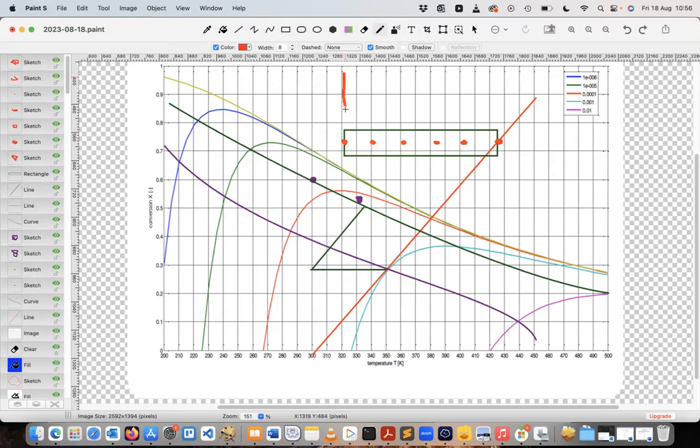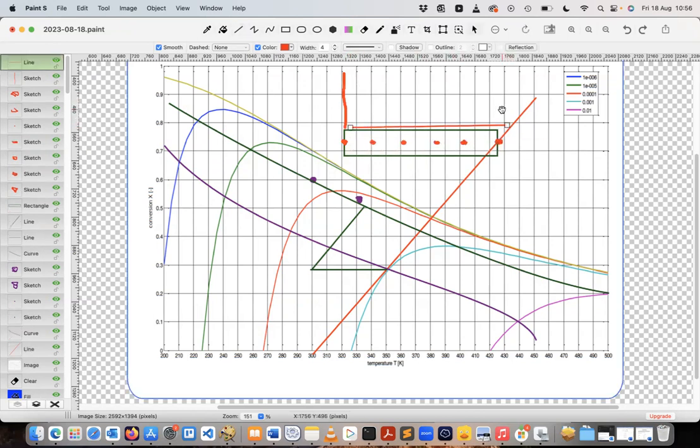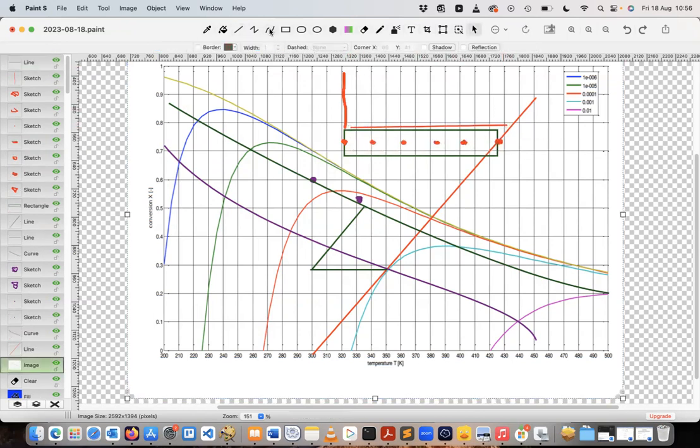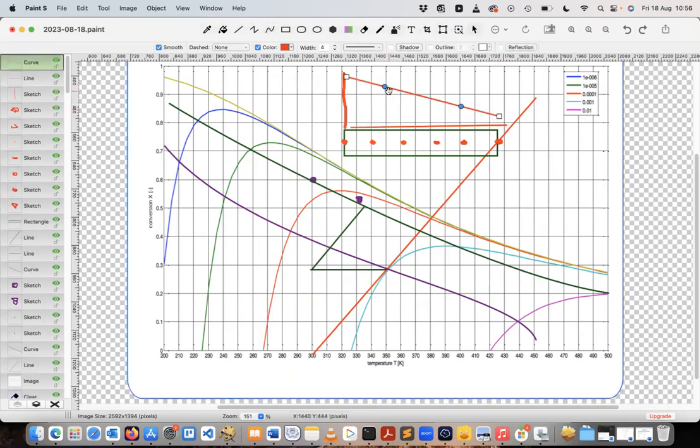In other words, if we were to plot this, let's see if I can draw this. We've got a whole profile of conversions in this reactor.